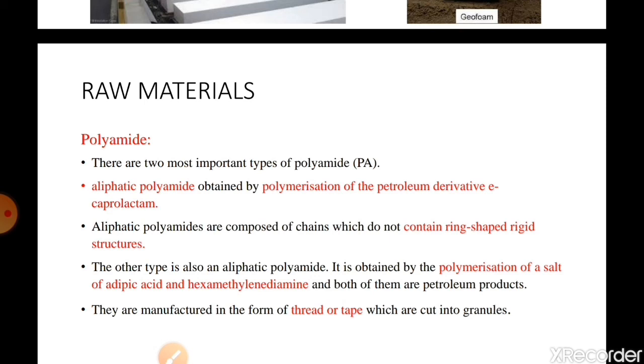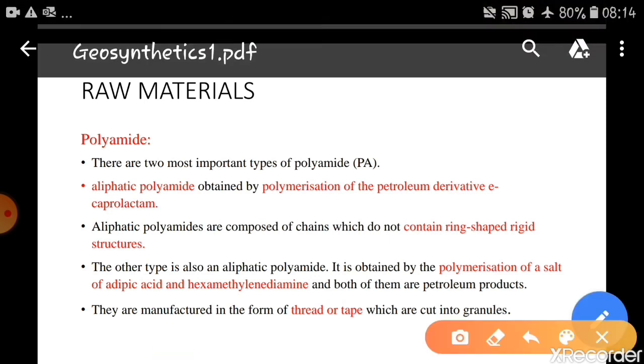We'll have a rough look at these raw materials which are capable of giving the required strength to geosynthetics. The first raw material is called polyamide. There are two important types of polyamides available.